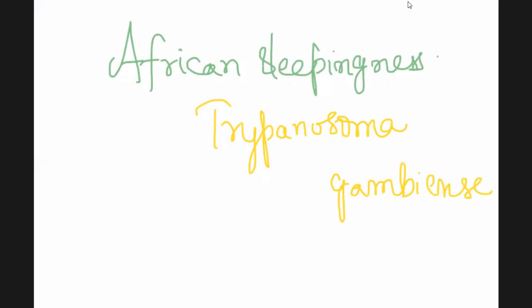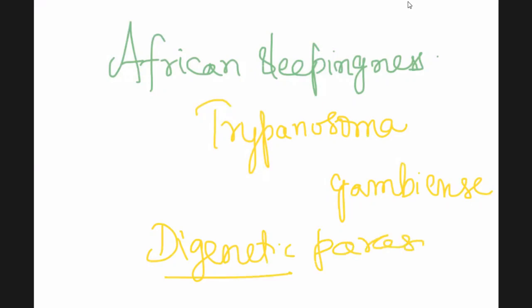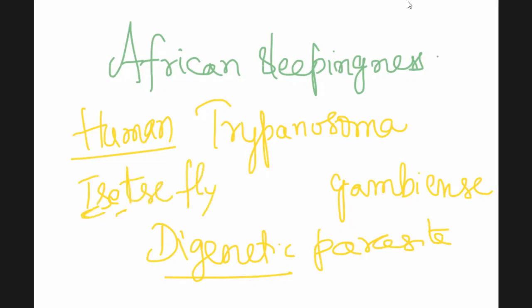Okay? And this is also a digenetic parasite. The first host, the primary host, is human, and the second host is the tsetse fly. This fly is typically seen in African countries.